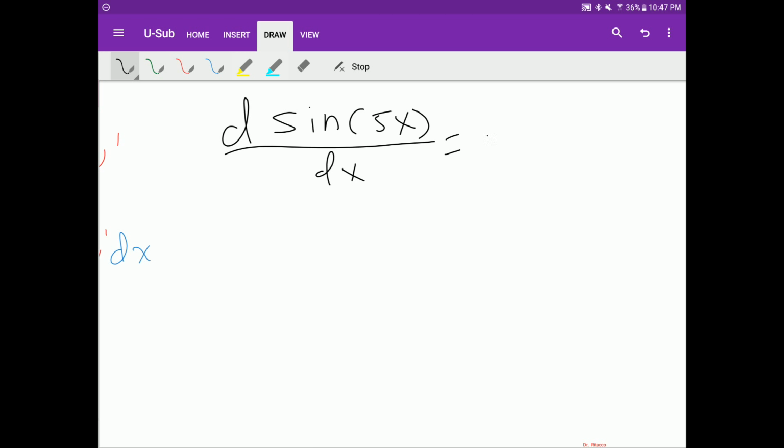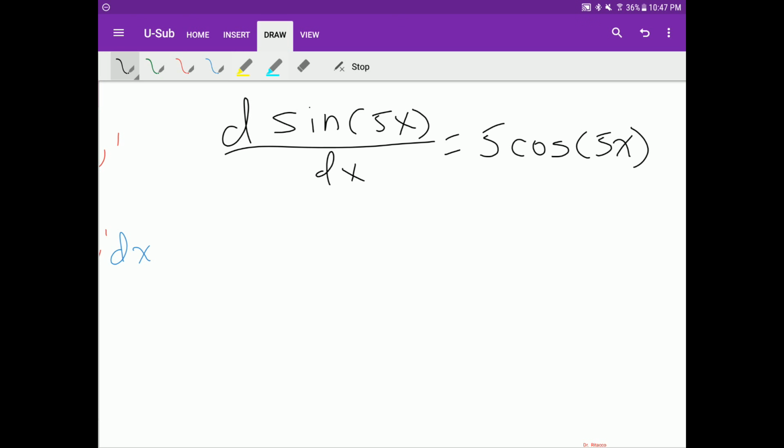And now we've been doing this long enough. We know that this is just 5 cosine 5x. That's pretty straightforward.